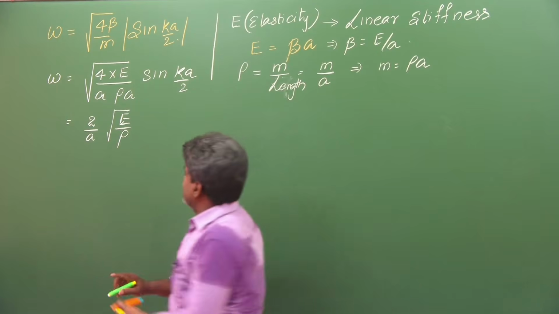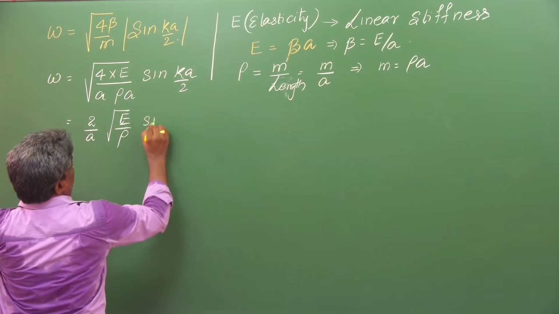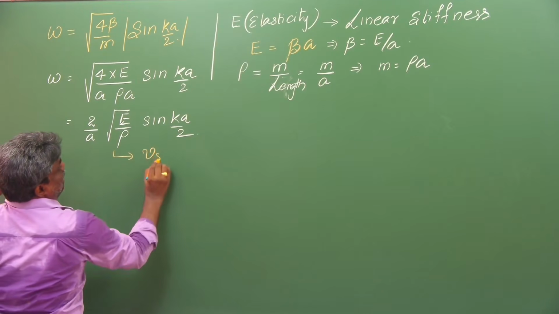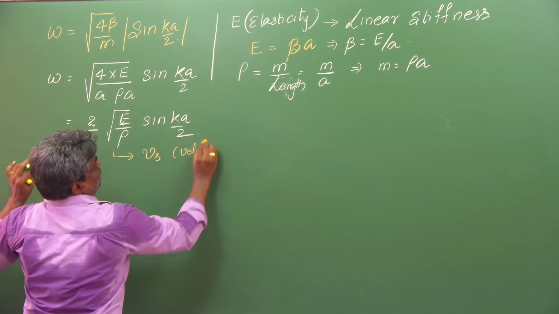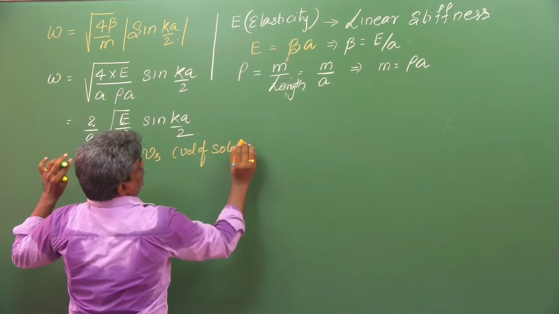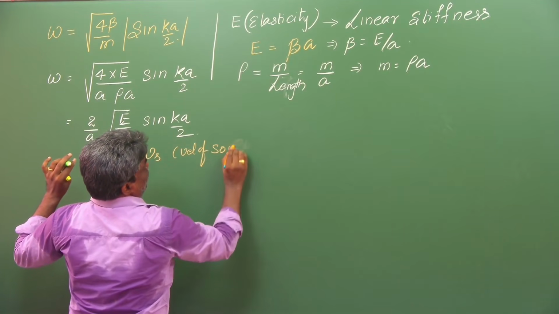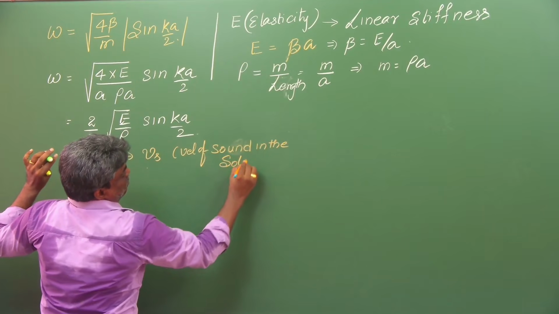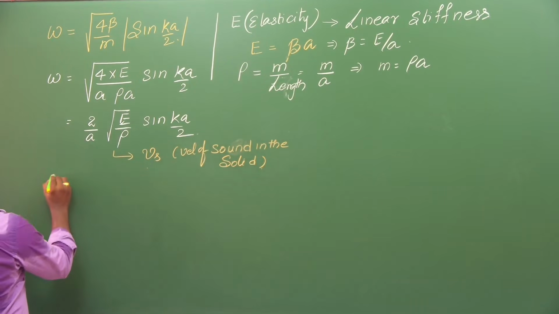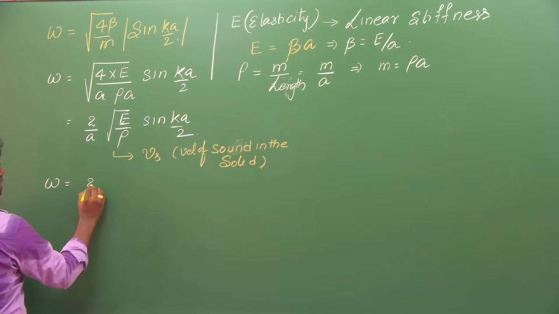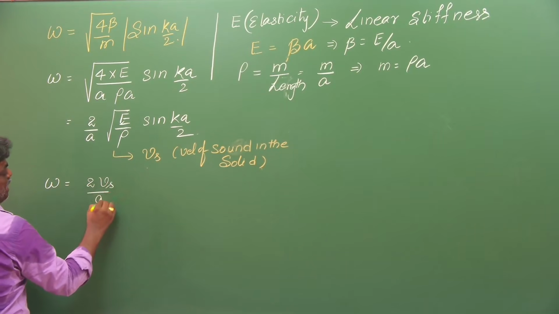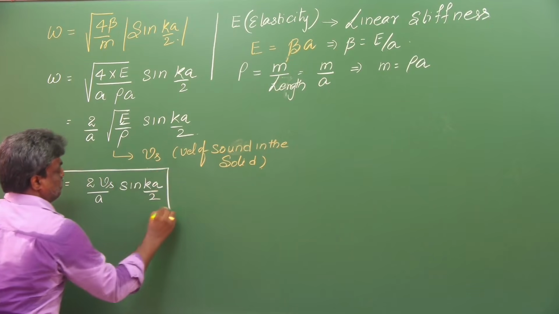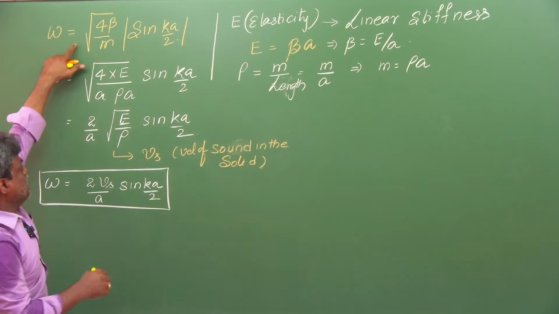So this is nothing but the velocity of sound in the solid. Finally my omega can be written as 2 Vs by a sine ka by 2. You can use either form.